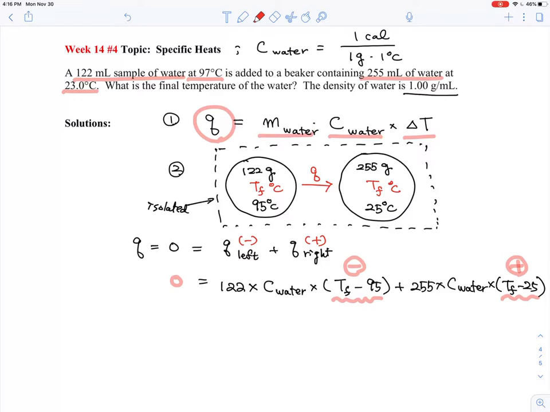If you divide both sides by C, it will be gone, and then I can calculate the values. So this will be 122 minus 255 times TF, equal to minus 122 multiplied by 95 minus 255 multiplied by 25.